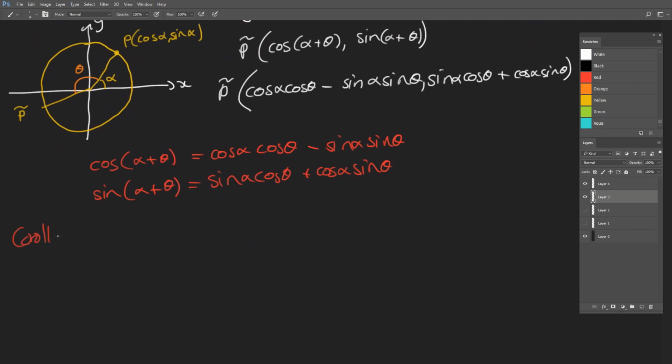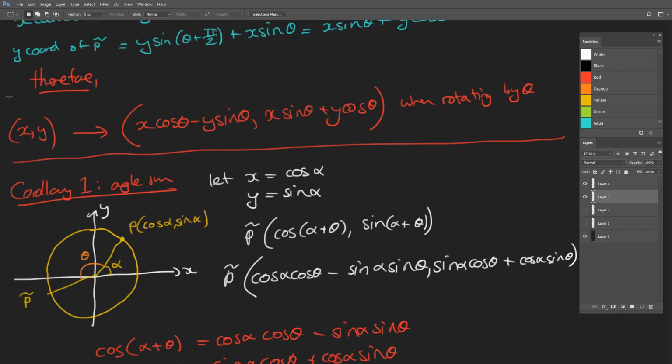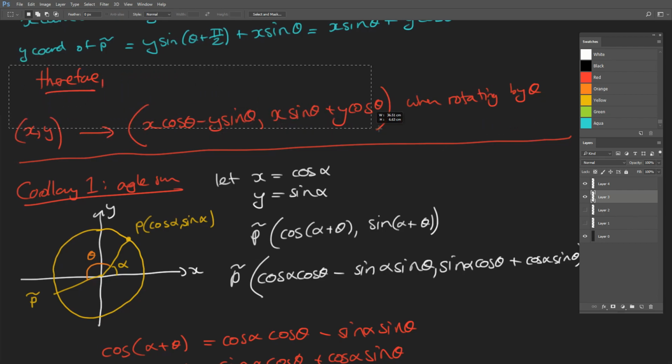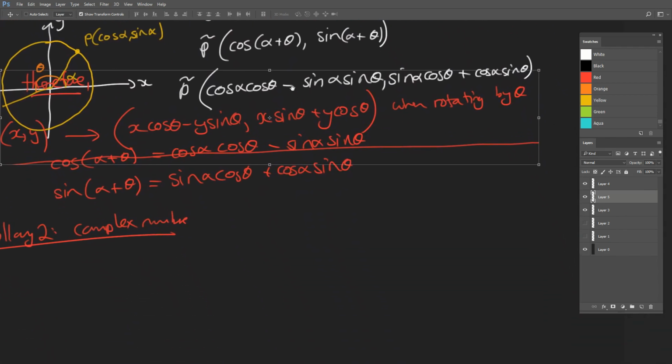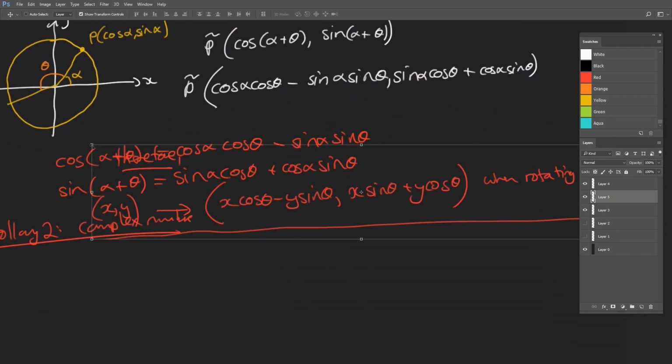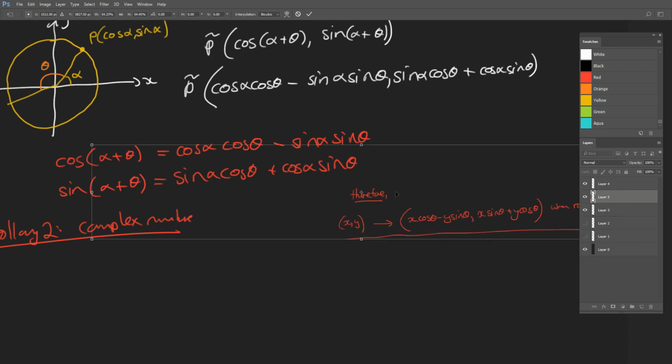So then I'll do corollary 2, complex numbers, and I'll just move this down so we can use it for reference.